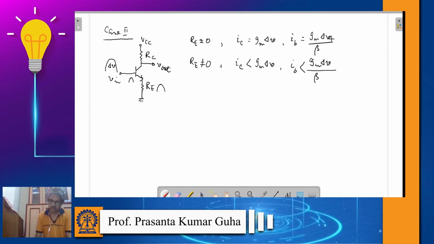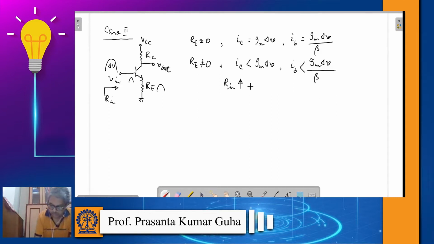So the change in IB will also be less. So this implies that if we look at RIN from the base side, okay, RIN will be larger, or RIN will increase, because you see that the change in IB is less. So intuitively we can say that RIN, if we look from the base side, will increase.